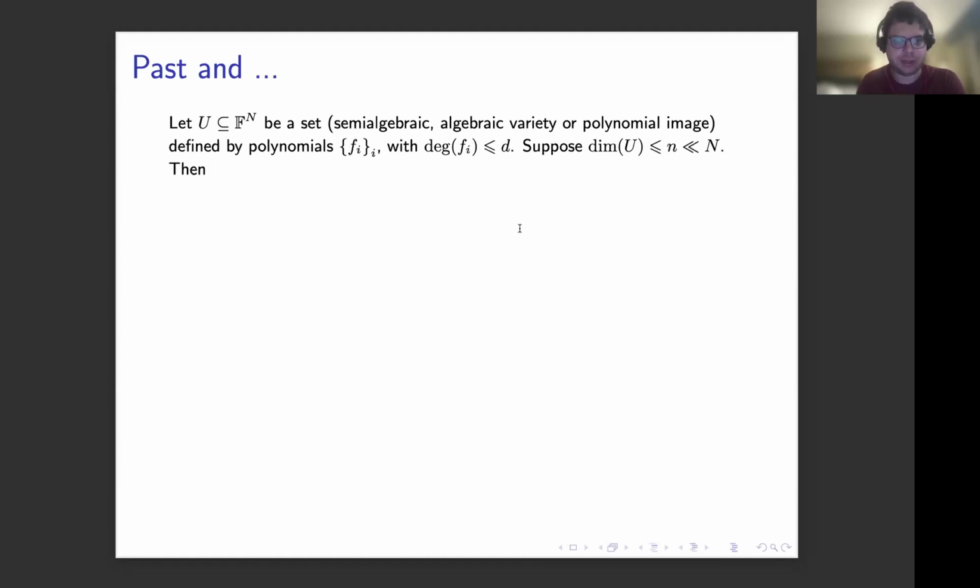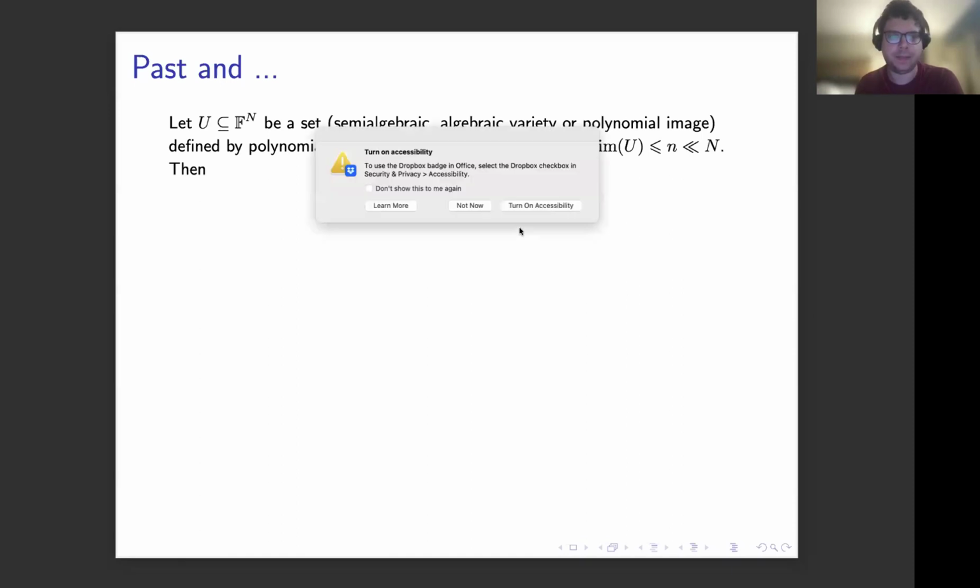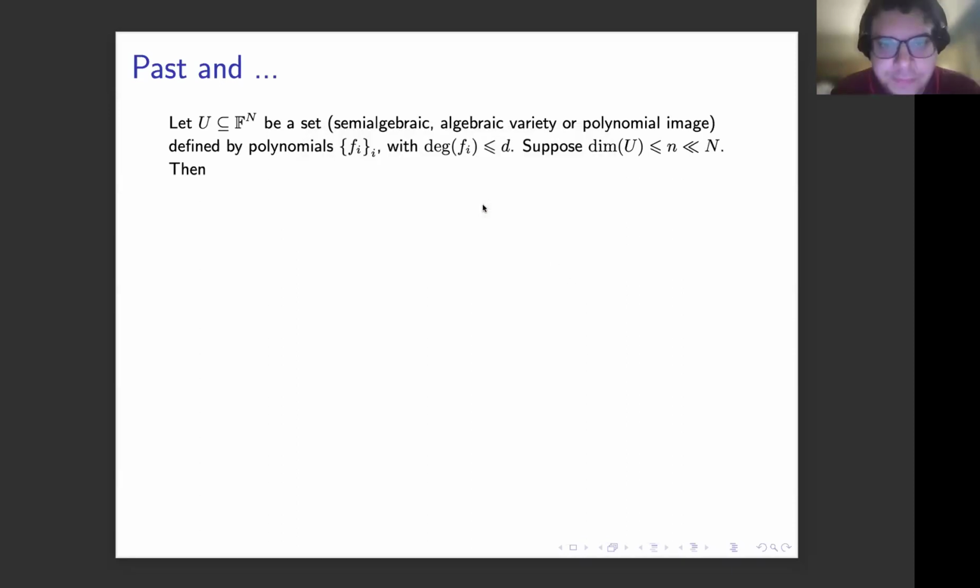And U could be semi-algebraic, meaning that it's defined by polynomial equations and inequalities, or it could be an algebraic variety, here meaning that it's defined just by the vanishing of polynomial equations, or it could be the image of a polynomial map, any of these three. And let's say the relevant polynomials in the description of U are f_i, and we'll assume that there's a universal upper bound on the degree of all the f_i, which is little d.